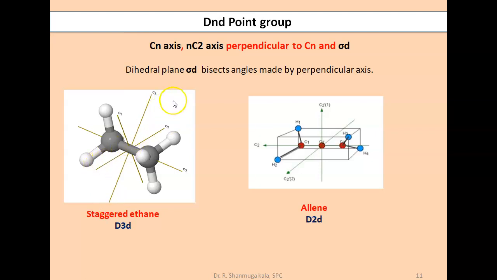If the plane bisects two C2 axes, then this plane is the dihedral plane. Hence this molecule has the D3D point group, and similarly allene has D2D.